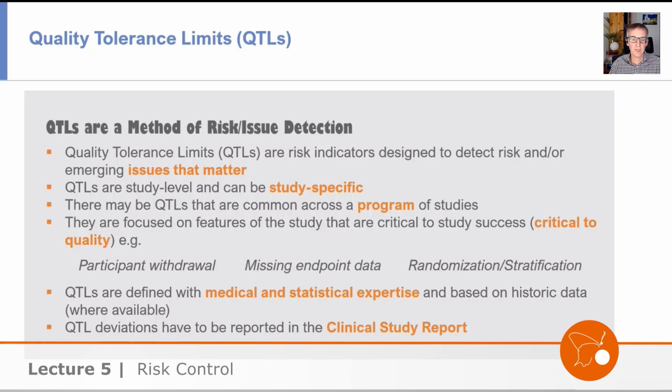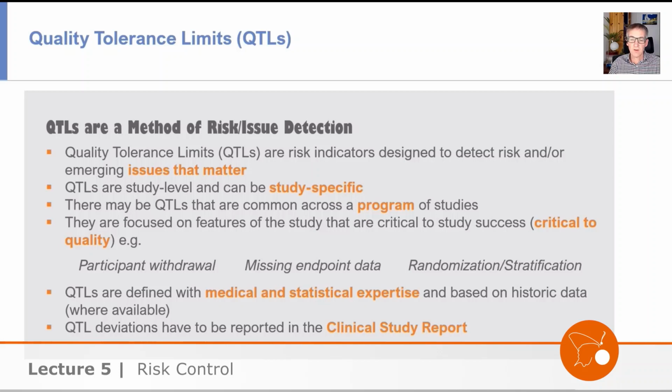If the withdrawal rate of participants in a particular study, for instance, is particularly high, so you don't get all of the data that you need per participant, the question is always going to be, well, why did those participants withdraw? And is it actually because there was a problem with the study, with the drug, or whatever? It suddenly becomes an unknown, as of course does missing critical endpoint data.